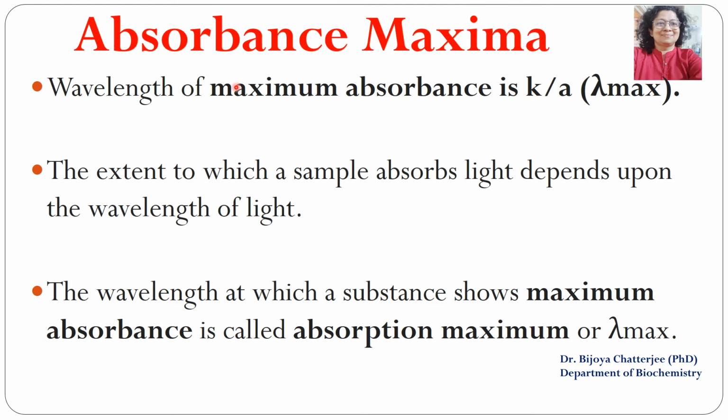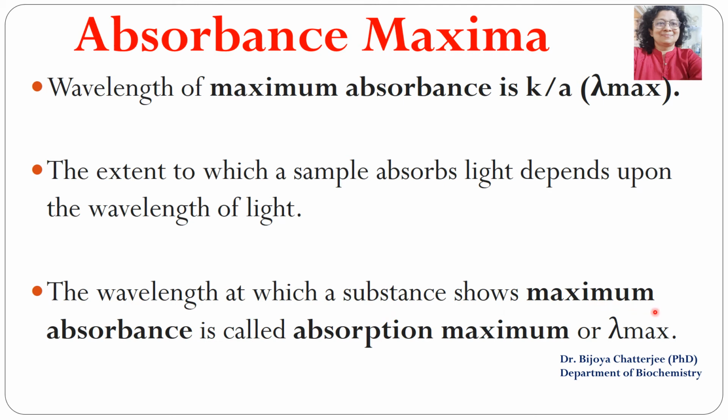Now there's one more term, that is absorbance maxima. So what is absorbance maxima? Absorbance maxima is the wavelength of maximum absorbance, which is written as lambda max. The extent to which a sample absorbs light depends upon the wavelength of the light. The wavelength at which the substance shows maximum absorbance is called absorption maxima.